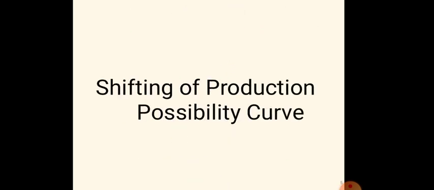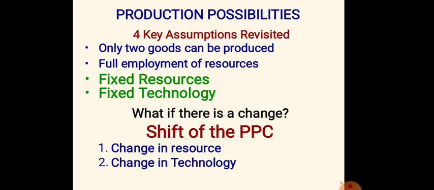Let us move to our next topic, that is, what happens to a PPC if we drop certain assumptions. Our topic is the shift of production possibility curve. Let us recall our main assumptions, that is, only two goods can be produced, full and efficient use of resources and technology, constancy of resources and technology.